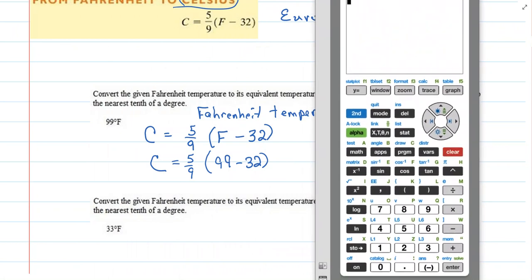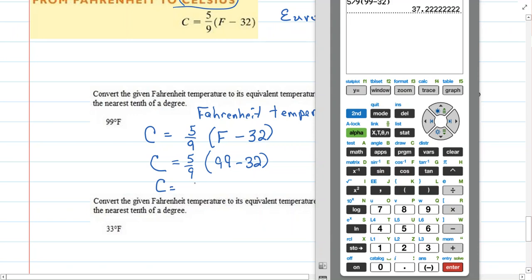Let me clear everything. So I'm going to enter the 5 divided by 9, open parenthesis, 99 minus the 32, close parenthesis, and enter. So we're going to have the 37.222, and we want one decimal place.